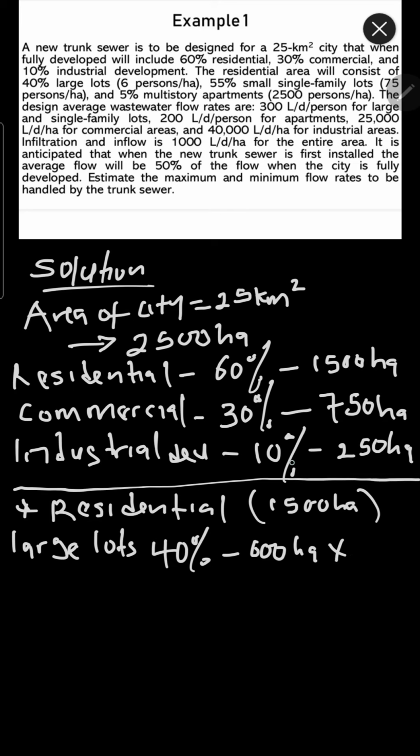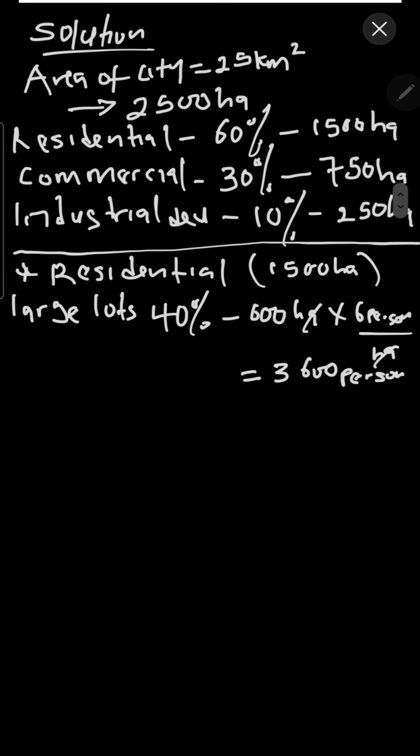We are given 6 persons per hectare. So large lot is going to consist of 3,600 persons.